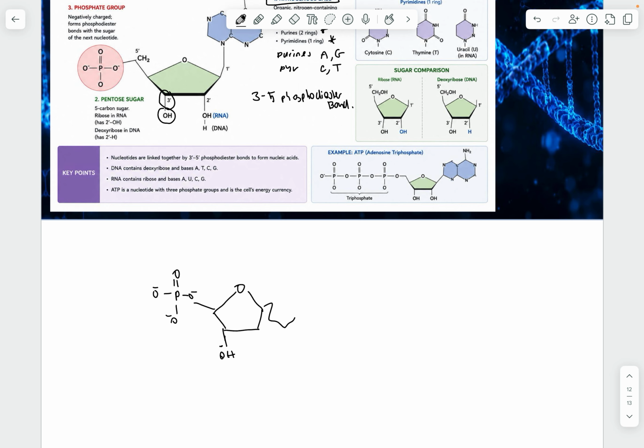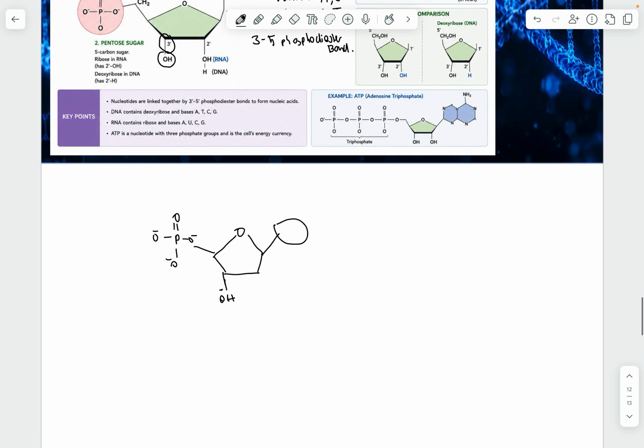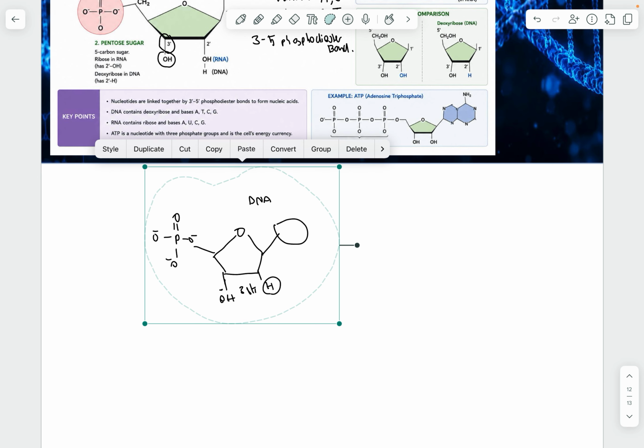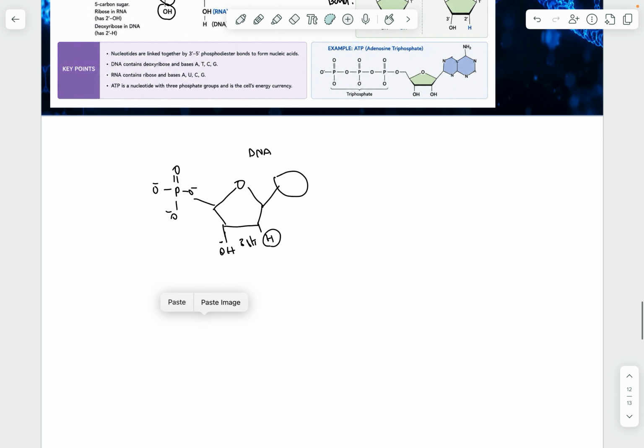And then I'll just draw your sugar. So this 3OH, and then I'll draw another H. I'm drawing H here because I'm representing a DNA molecule. Now let me transfer this molecule here.